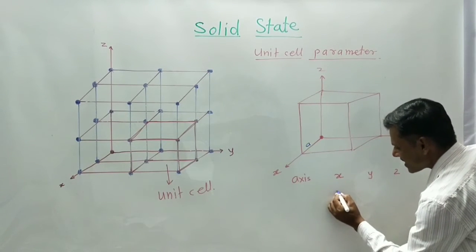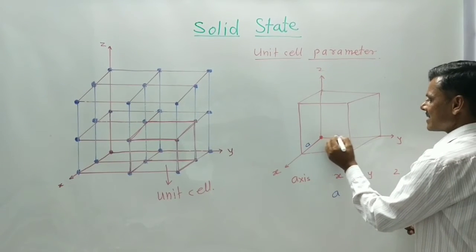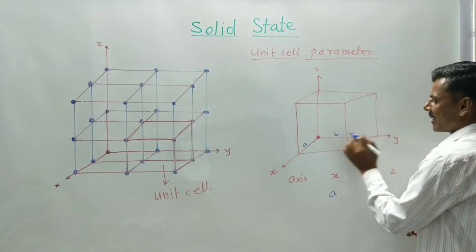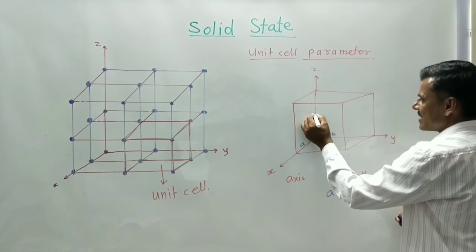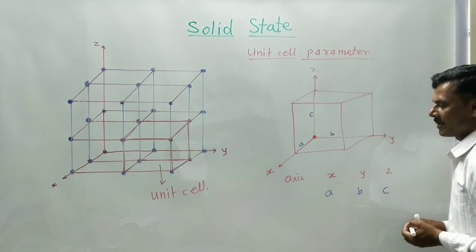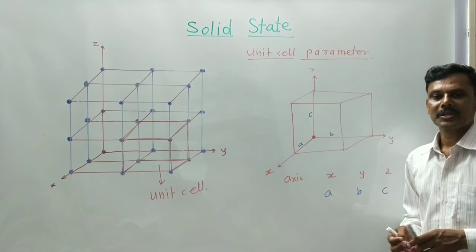So along x-axis the dimension is a. Along y-axis the dimension, or the distance between these two particles, is b, and along z-axis it is c. So this is about dimensions.